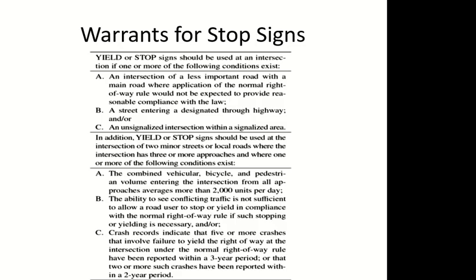And the third condition is you have accident data. The accident data shows that in the last 3 years you have two or more crashes of the vehicles which are crossing at the same time. The crashes can be of different types, right?